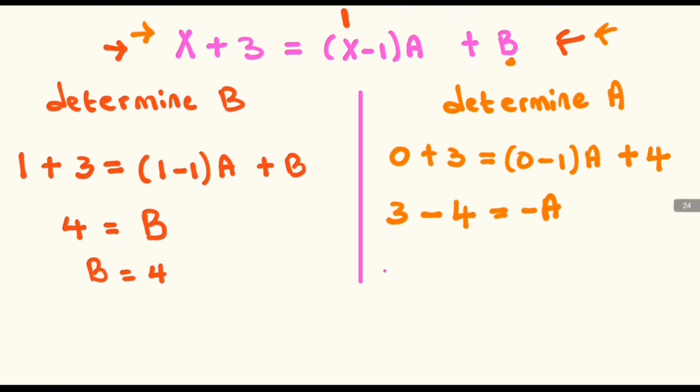So 3 minus 4 will be equal to negative 1, which will be equal to negative a. Dividing both sides of the equation by negative 1, our a will be equal to 1.